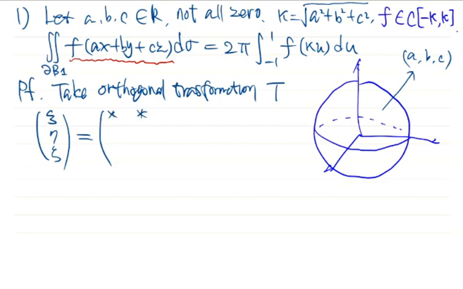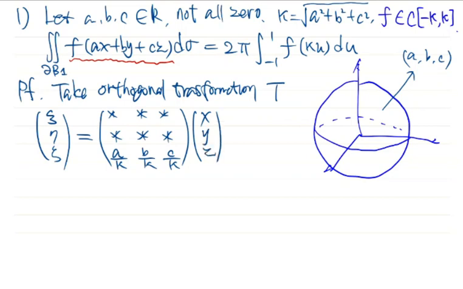We don't care about the other entries of the orthogonal matrix, but the last row we require to be A over kappa, B over kappa, C over kappa, and then X, Y, Z. Here kappa is not zero because A, B, C are not all zero. So this orthogonal transformation makes sense.